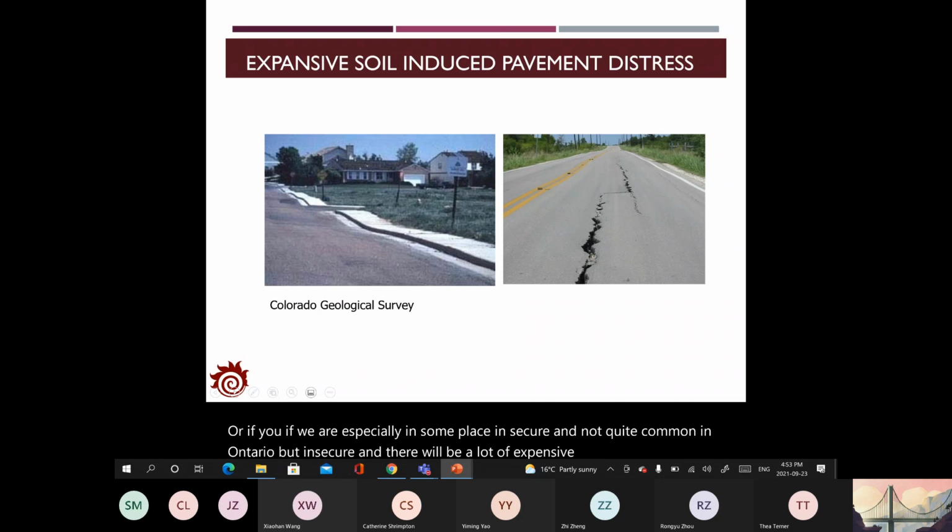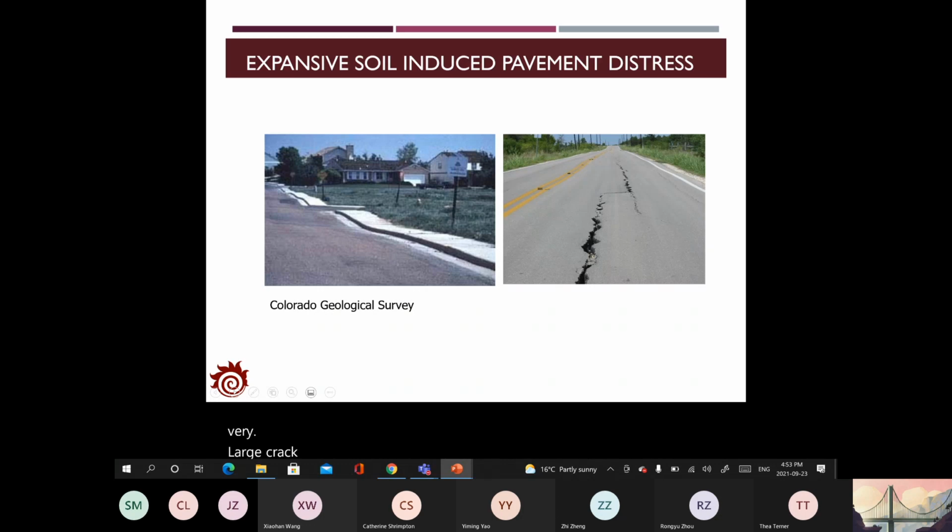Here we have two figures to show the potential distress caused by expansive soil. From the figure on the left, you can see the uneven surface of the pavement structure, and for the figure on the right, you will see very large cracking along the pathway. Those are all caused by expansive soils in the subgrade layer.